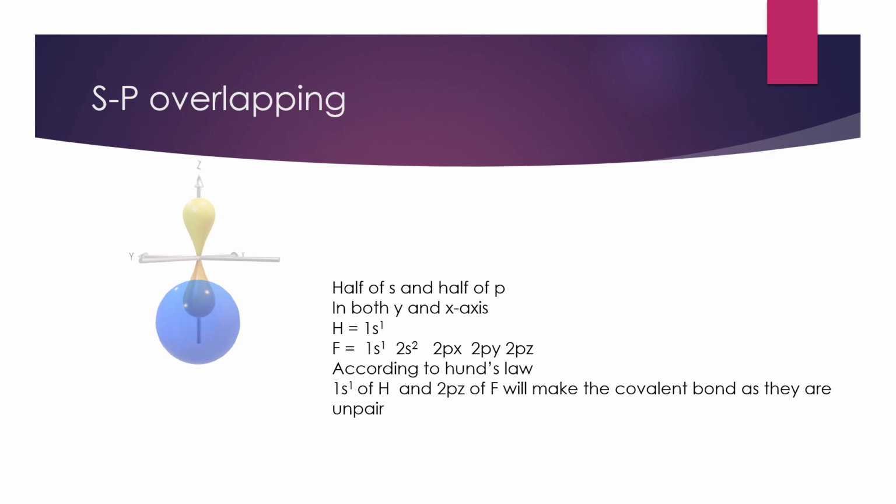Here we have three valencies, so there would be a valency that should be filled by the H. According to Hund's law, 1s of H and 2pz of F will make the covalent bond as they are unpaired. Otherwise, the remaining ones would be paired. So there would be attachment of s and p by the 2px and 1s1.